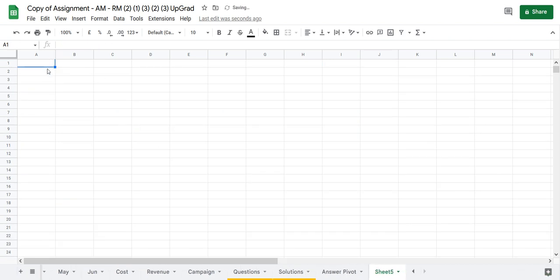Okay, so I'll rename this particular sheet, and I'll copy the data from the March, April, May, June sheets, in this one single tab only.